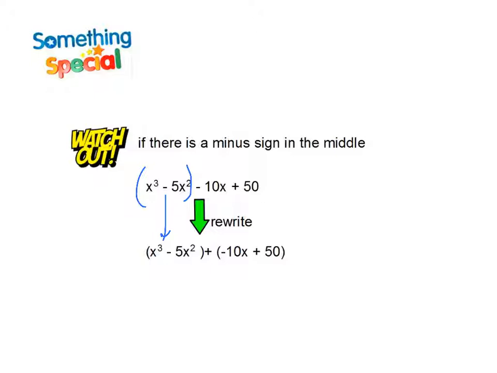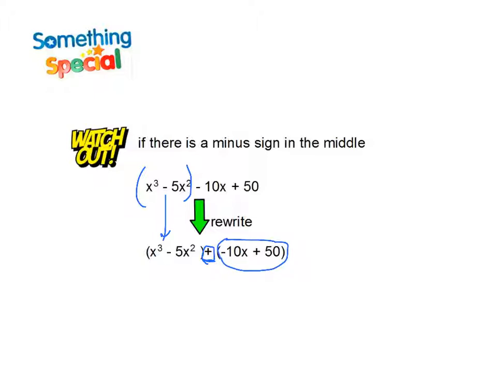But this minus sign, I really need this to say plus right here. This minus sign is only subtracting the 10. If I make it a minus sign right here, it's going to subtract both of these quantities. And I don't want it to subtract both of them. I would only want it to subtract the 10.